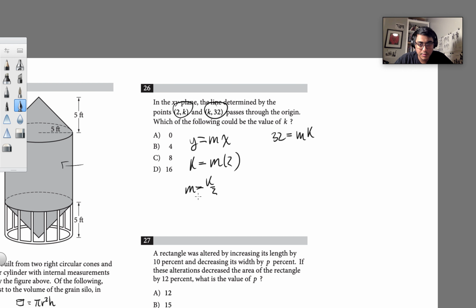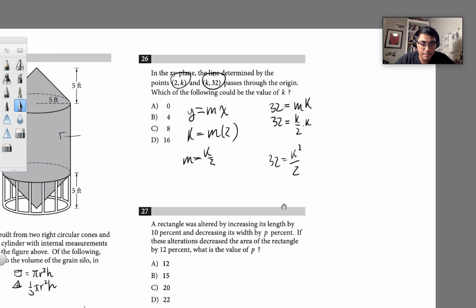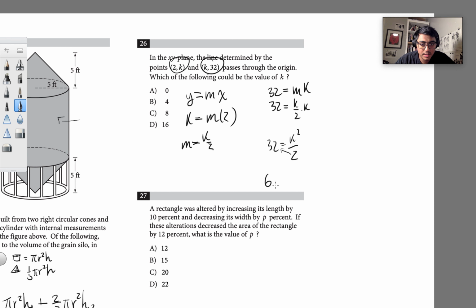But we know the value of m in terms of k, so 32 is equal to k over 2 times k. So 32 is equal to k squared over 2. So that means, let's move the 2 over, 64 is equal to k squared. That means k is equal to 8.